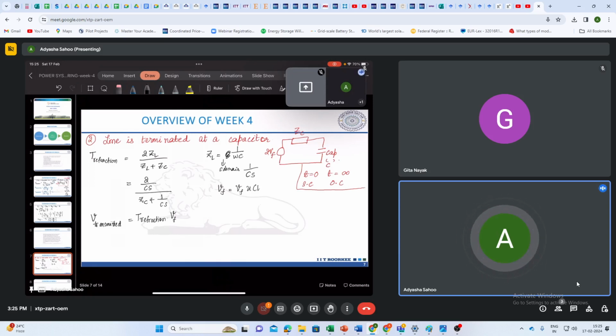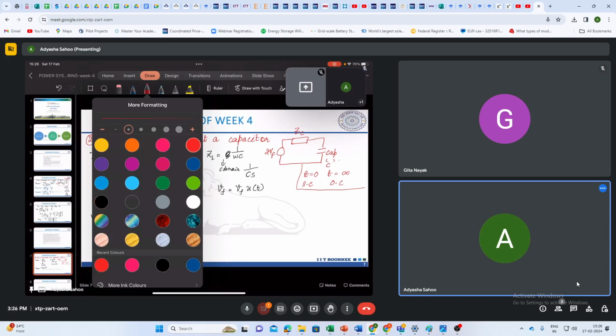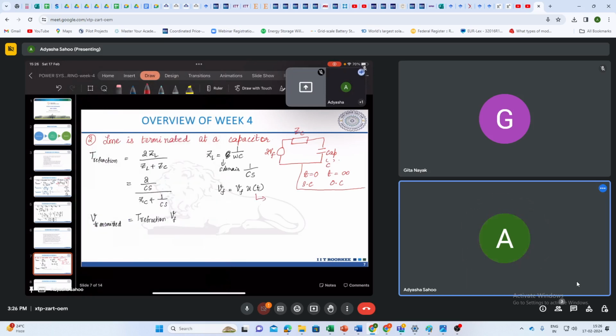We represent a step voltage as U(t), which is of magnitude 1. This is a step signal of unit magnitude.